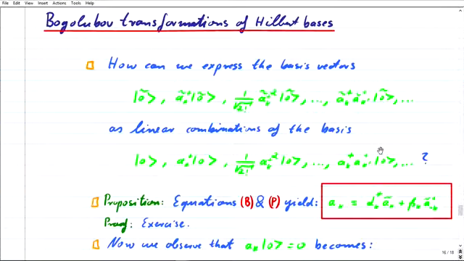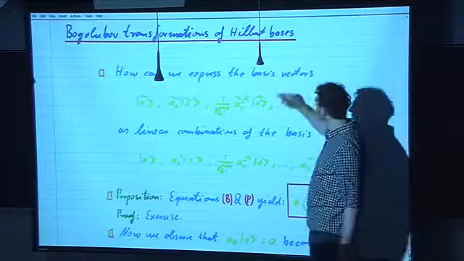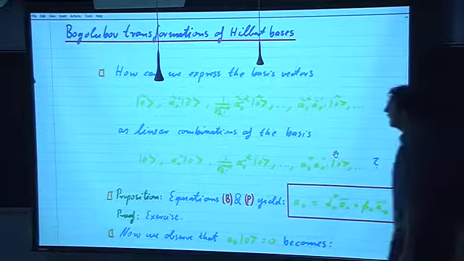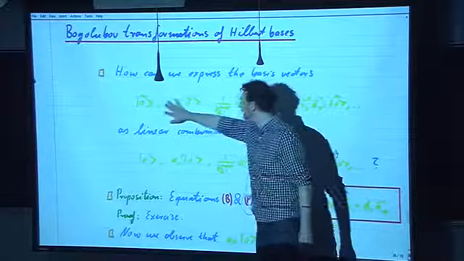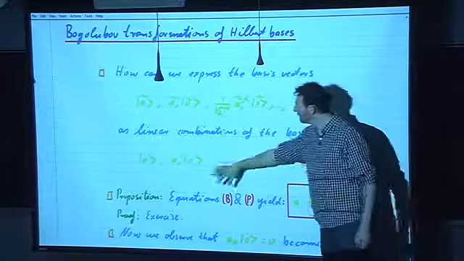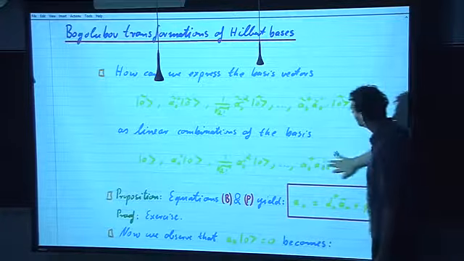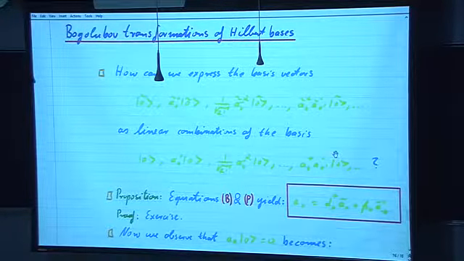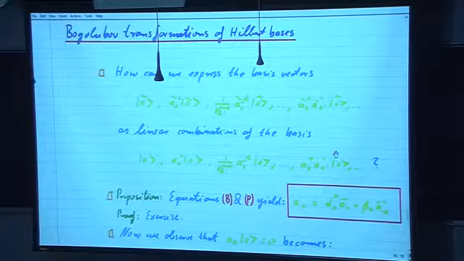So let's do the Bogoliubov transformations. Bogoliubov transformations of Hilbert bases. The question is, how can we express the basis vectors of one choice of mode functions as linear combinations of the basis vectors obtained with another choice of mode functions?